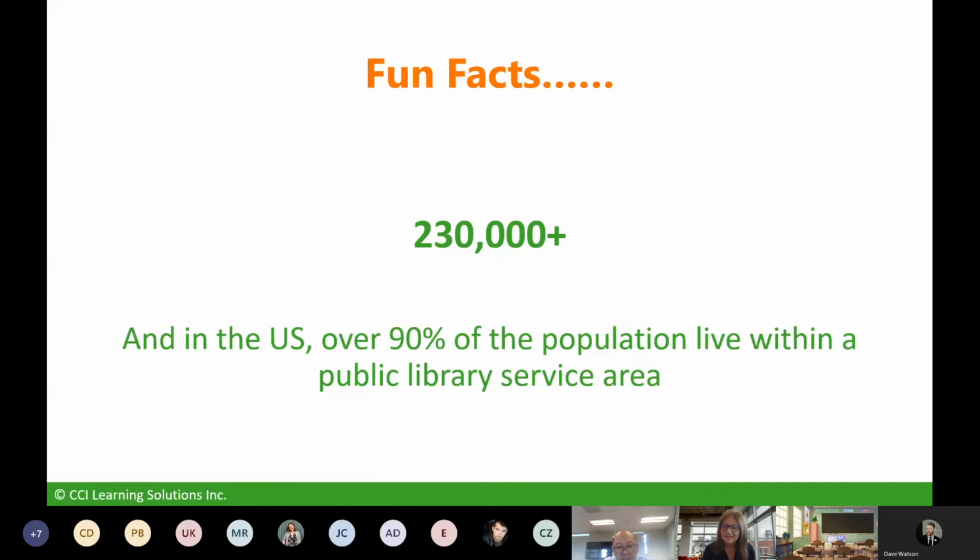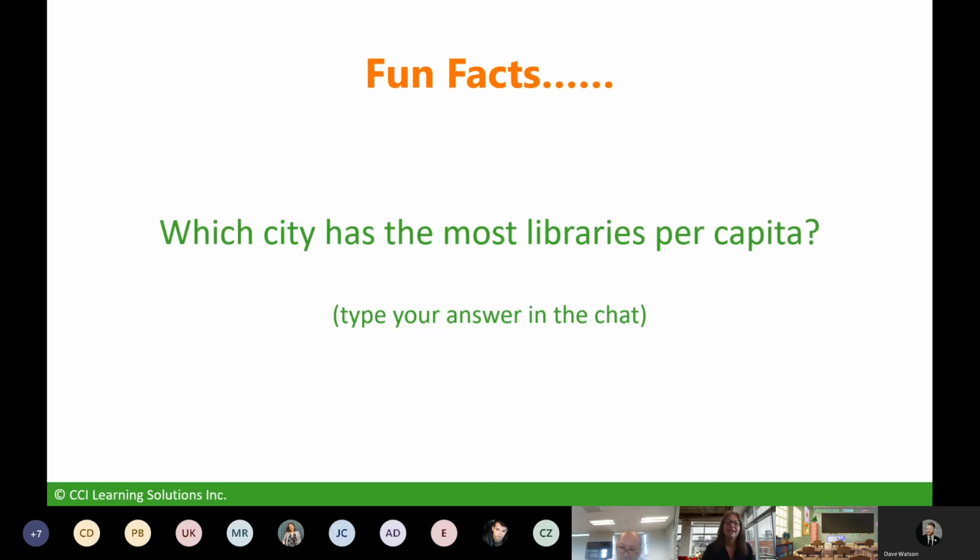And in the US, over 90% of the population live within a public library service area. So what does that mean? Well, that means that the library is a resource that the community can tap into to learn. Next slide, please.